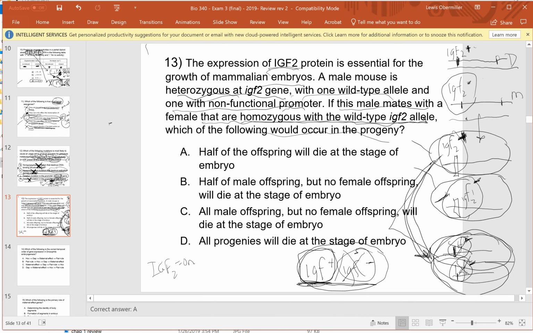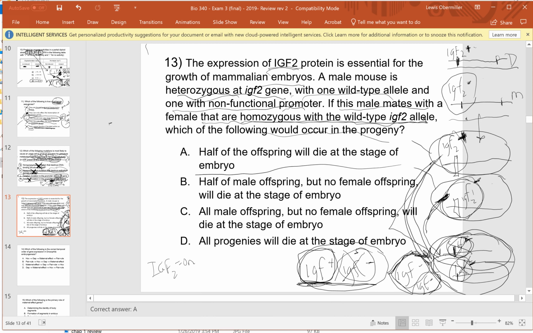This one is problematic because this is broken, but now it's re-imprinted, so it's not condensed, and that will fertilize one of mom's IGFs. Even though it's good, it's still going to be shut off. So this is going to be IGF minus because it's going to be turned off in the imprint process, and then this one will be IGF minus, even though it's going to be turned on because it comes from the dad. So these wouldn't have any IGF produced at all, and so these offspring would all die.